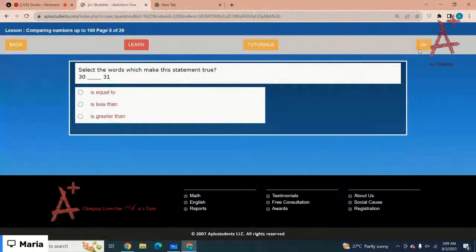Okay, select the words which make the statement true, 30 and 31. Which is the correct option?